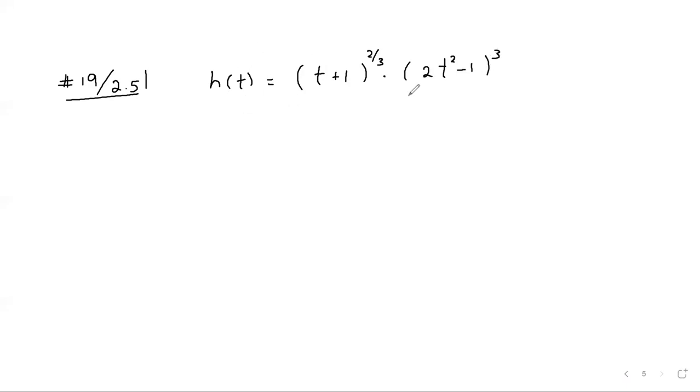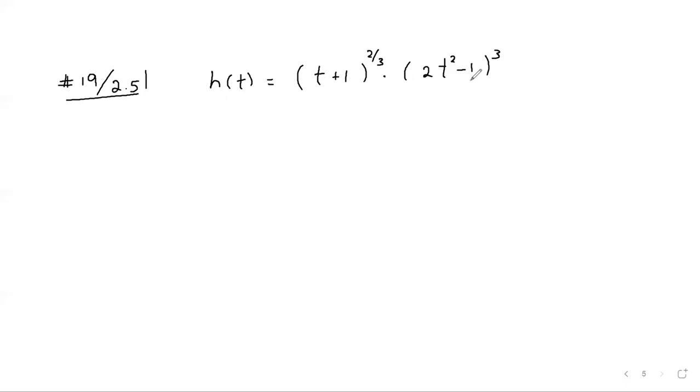All right, so this is h of t. And this is a problem that is very interesting, because the first thing that comes to mind, I have a bunch of powers here. I should probably apply, maybe, the chain rule somehow.